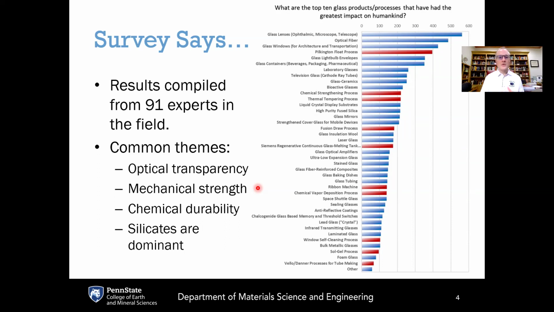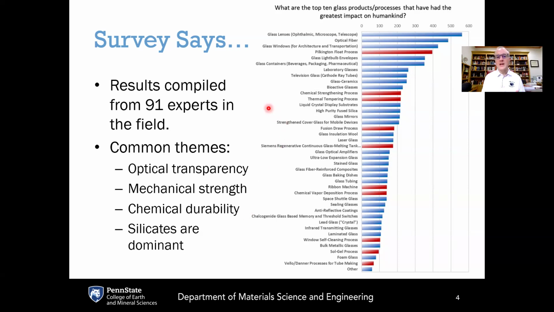But for any of these products, it needs to provide the resistance to mechanical damage that's necessary for that particular application. A third common theme is chemical durability, or in other words, the corrosion resistance of the glass. In many of these applications, glass is exposed to a humid environment.